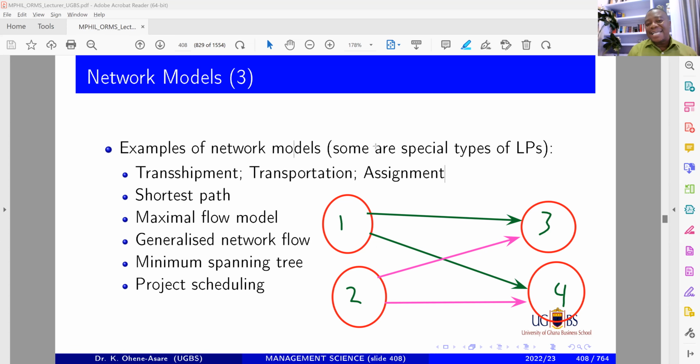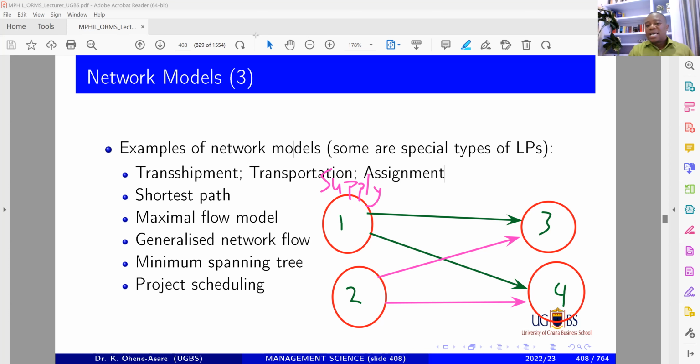Now, you can see that the arc is coming from one of the nodes and going to another node. The node that the arc is coming from is known as the supply node. Normally we call that the source node.